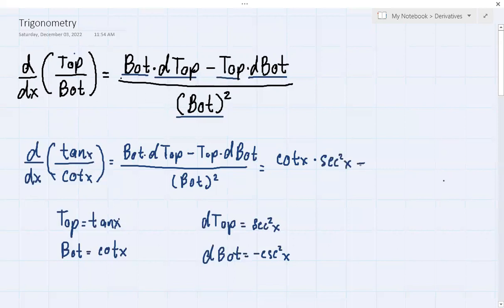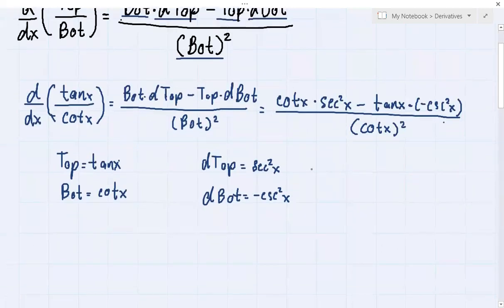Okay? Minus top, which is tangent x, times d bot, which is negative cosecant squared x. Okay? So, ayan. Then, all over square ng bottom, which is basically square ng cotangent x.